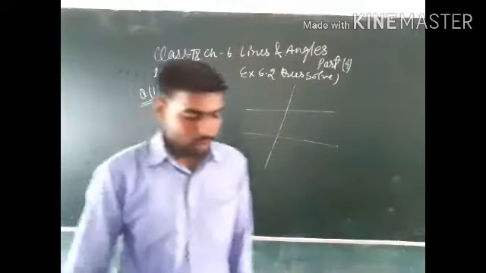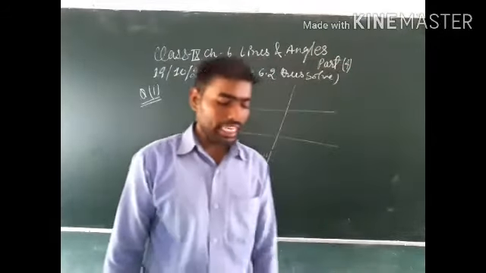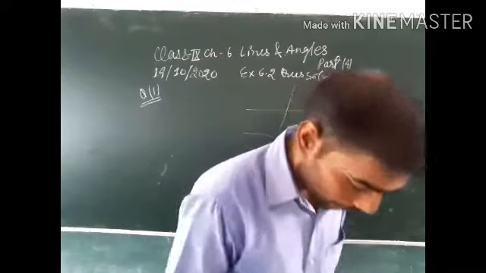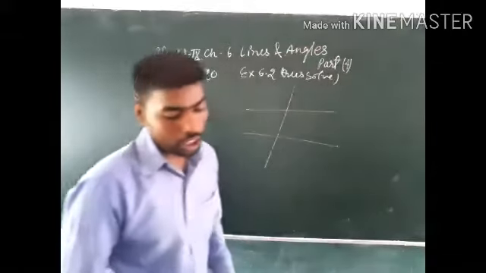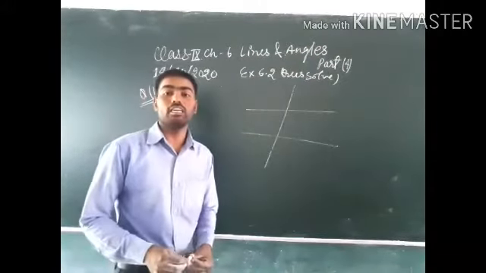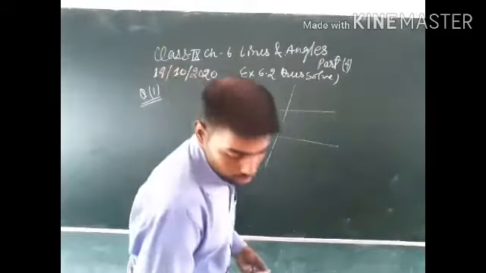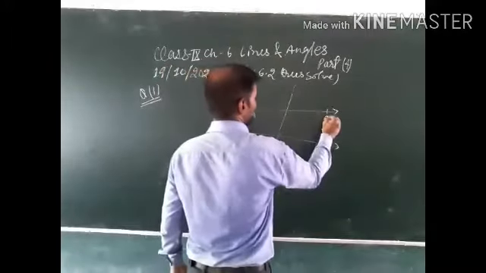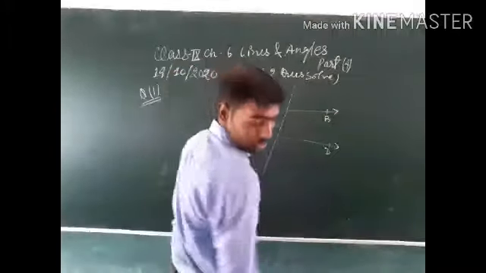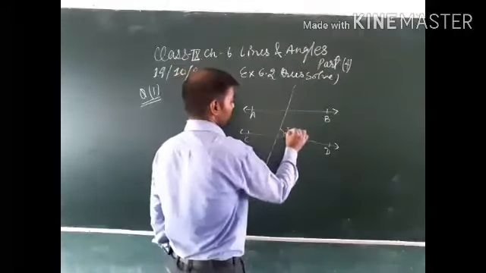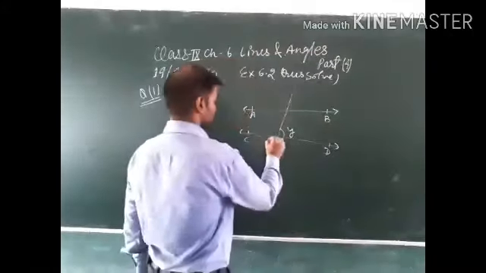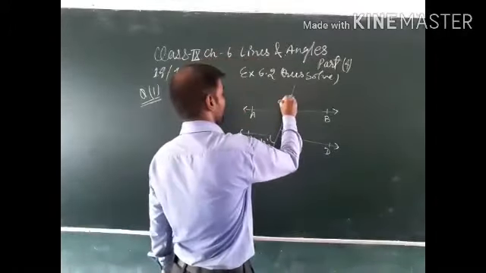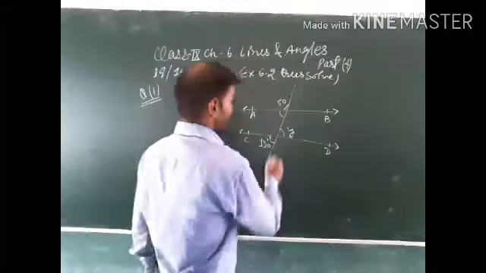Question given: in the figure, find the value of x and y so that AB is parallel to CD. First of all, the figure: this is line AB, and this is line CD, and this value is y, and this value is 130, and this value is 50, and this value is x.